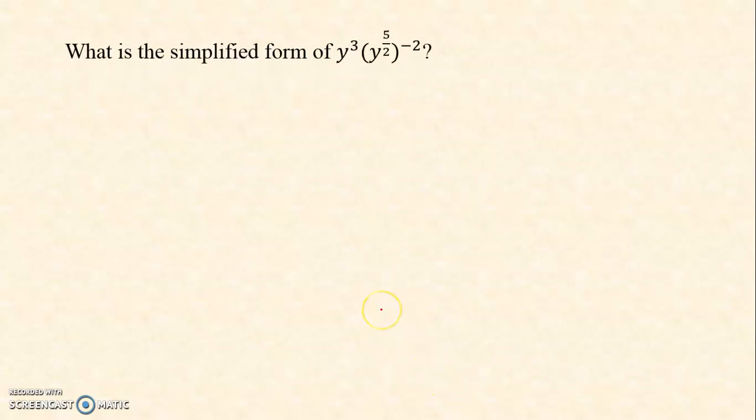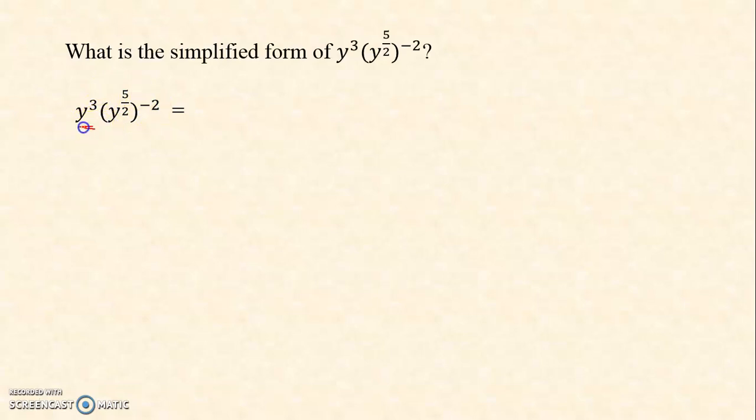Okay, we have here another example, but it is quite difficult. We have y raised to 3 multiplied by y raised to 5 over 2, all raised to negative 2. Try to observe.